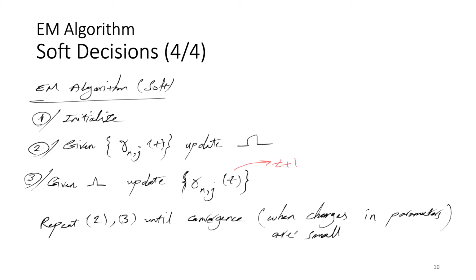So when we see that the changes in parameters are very small, we found ourselves in a saturated situation. Question? Is it that we update the omega, then at the third step we use the new omega? That's right.